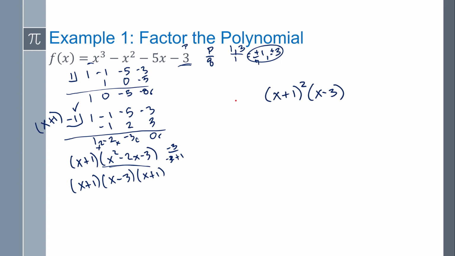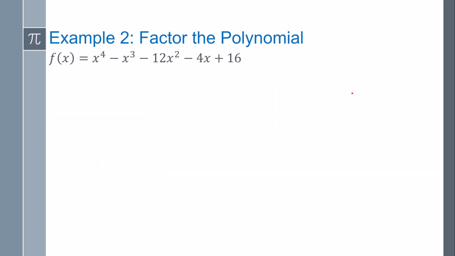So this is my factored polynomial. Now if it wanted me to also include the zeros, I mean it's not saying it, but if it wanted, I could say my zeros are -1 and +3. But I used polynomial division. This is destroyed. Let's destroy this next polynomial.